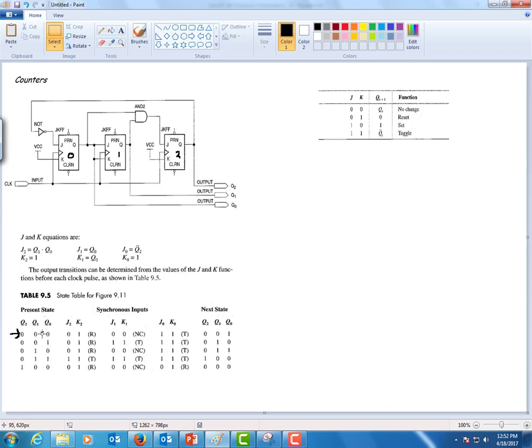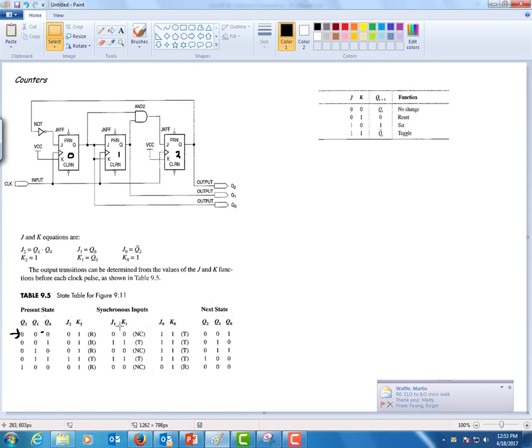If you AND them together, you're going to have 0. So this is why your J2 is equal to 0. K2 is equal to 1 because it's tied to VCC. That's never going to change. So if you recall, when you clock a JK flip-flop with J equal to 0, K equal to 1, that's known as reset, and your Q output is going to be low.